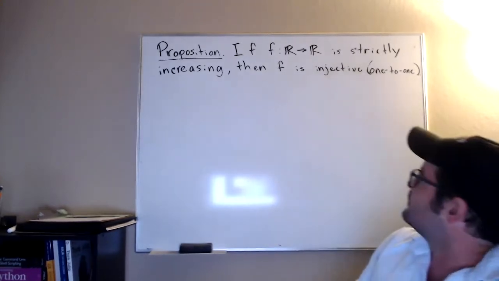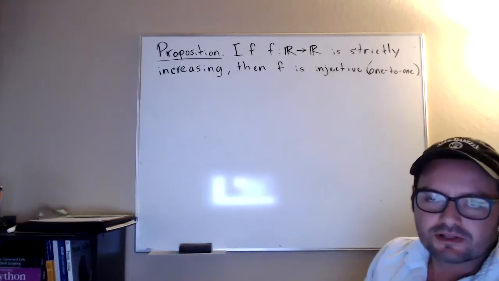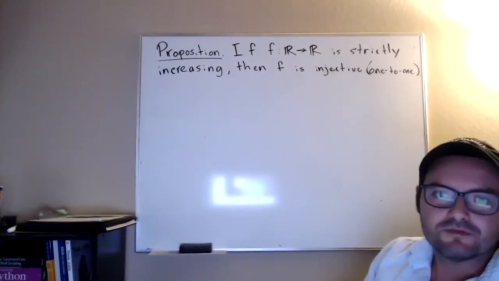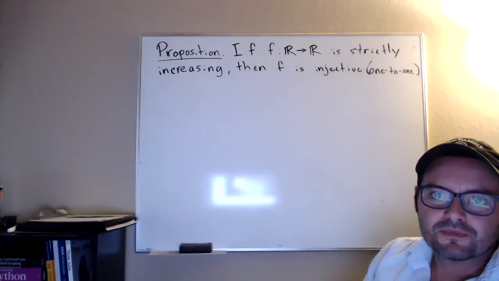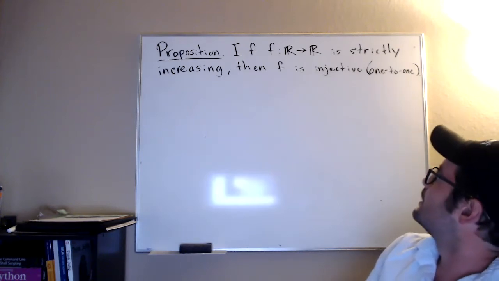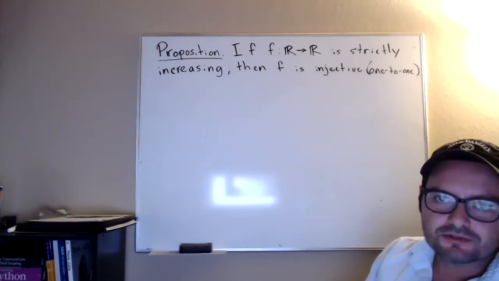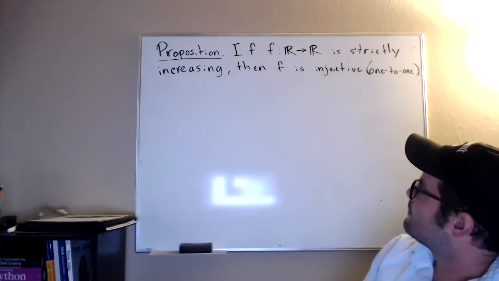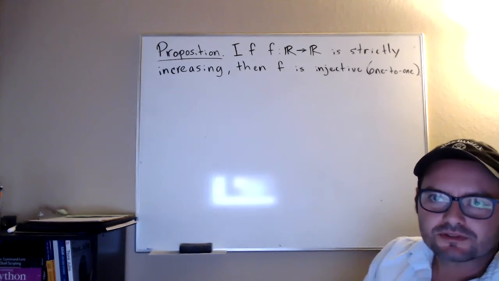Now, when you look at this, I'm not really sure where any of you would start with this one, especially since you were just introduced to the notion of strictly increasing and injective in the previous lecture. I'm not sure how you would go about doing this.